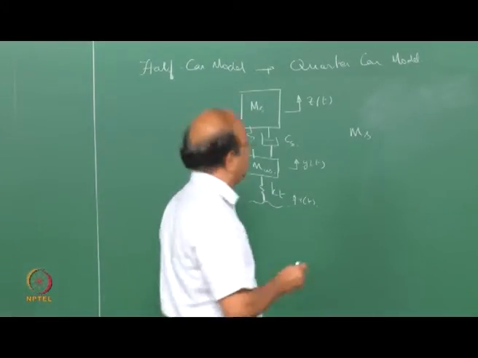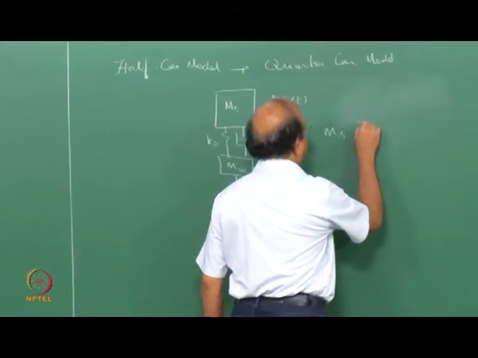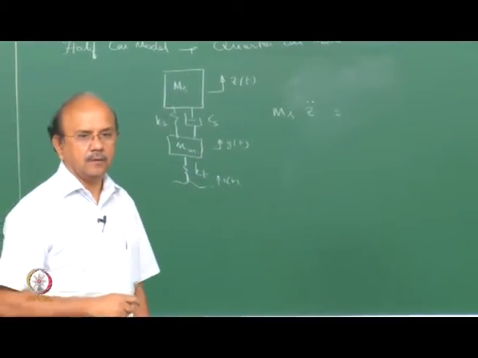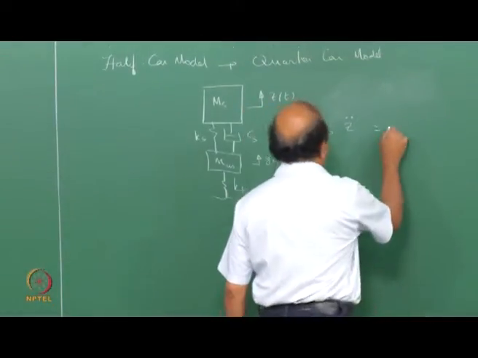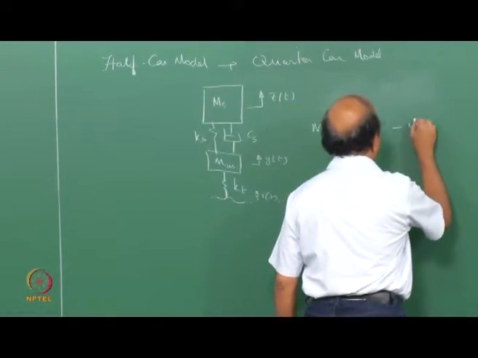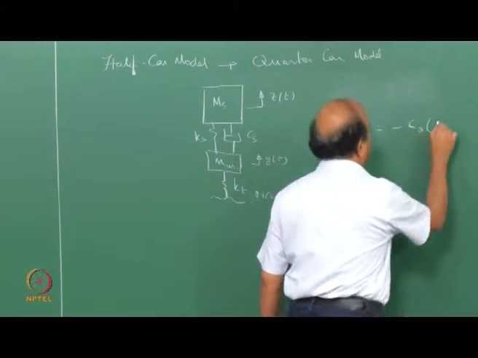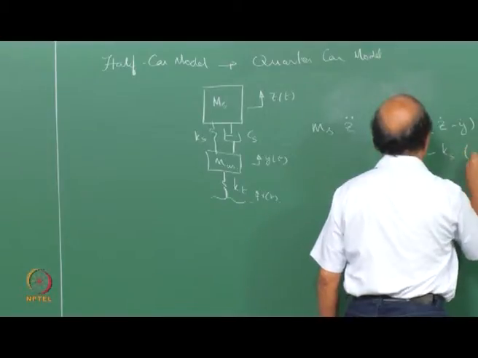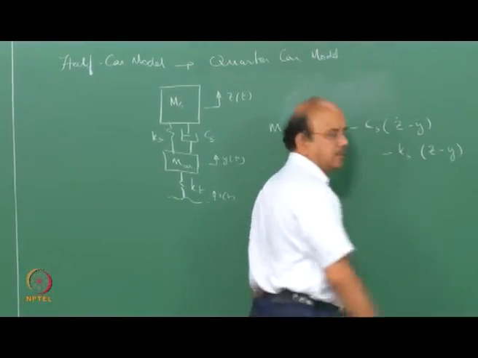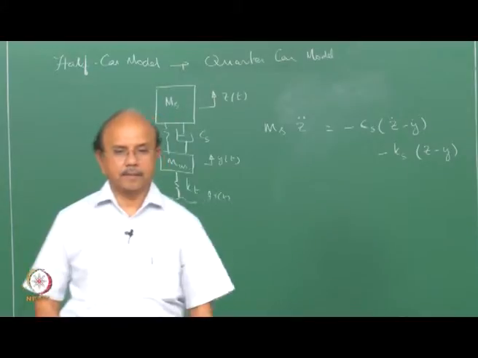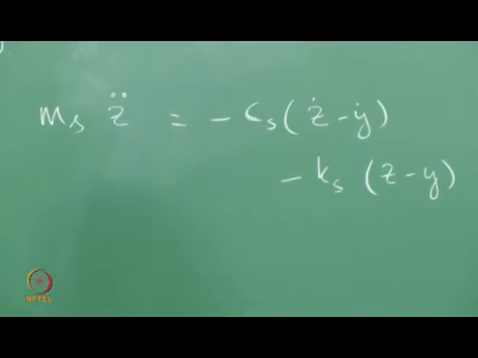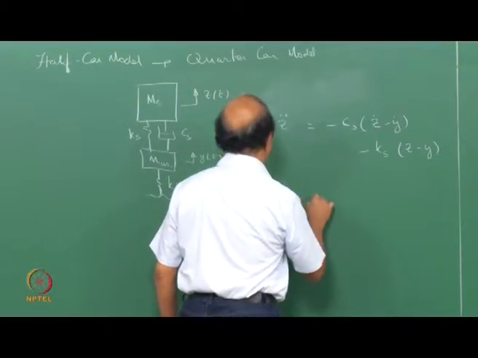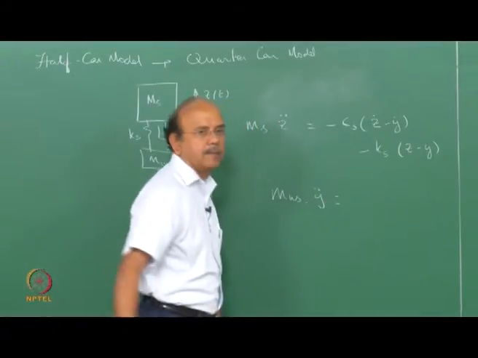So ms into z double dot is the first one, which we had already discussed: cs into z dot minus y dot, minus ks into z minus y. In the same fashion I can write down mus into y double dot.